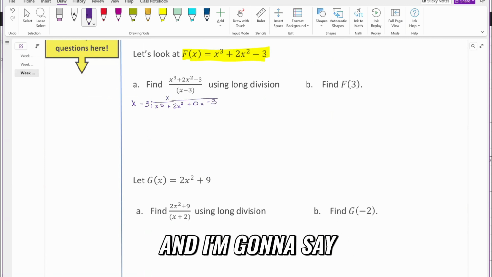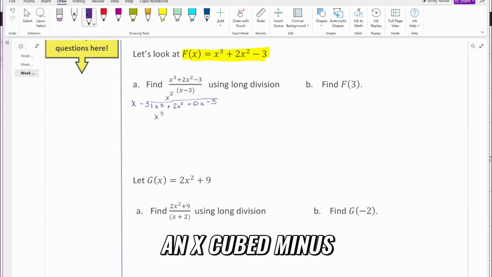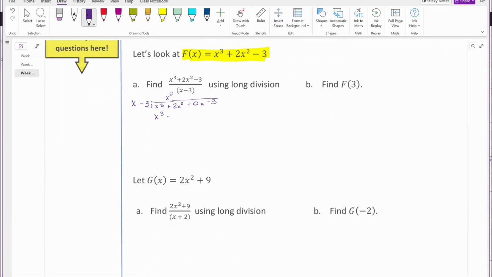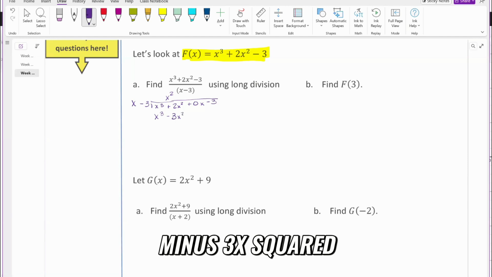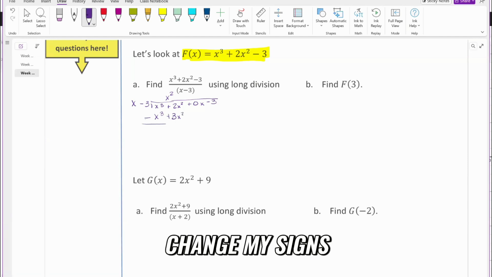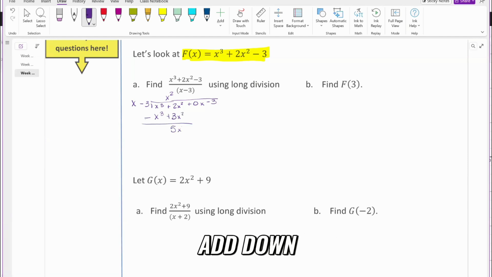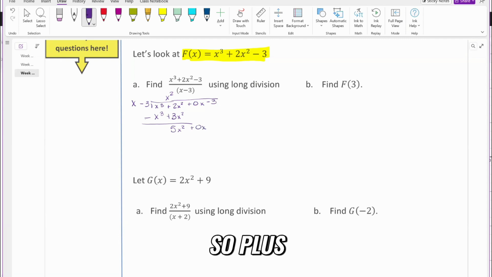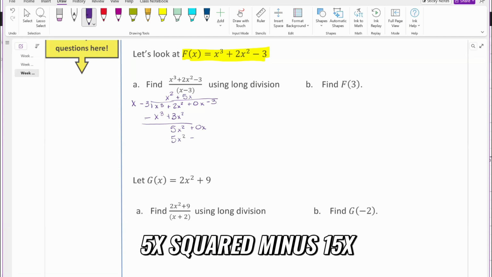And I'm going to say x squared gives me an x cubed minus, that should be a 3, minus 3x squared. Change my signs, add down 5x squared plus 0x. So plus 5x, 5x squared minus 15x.